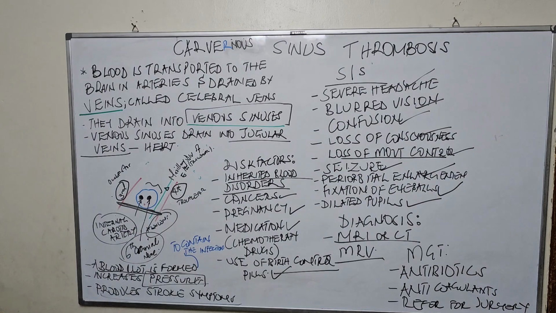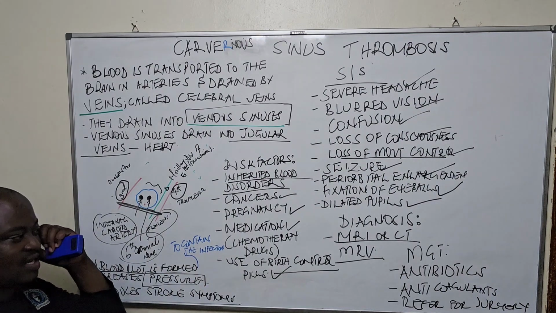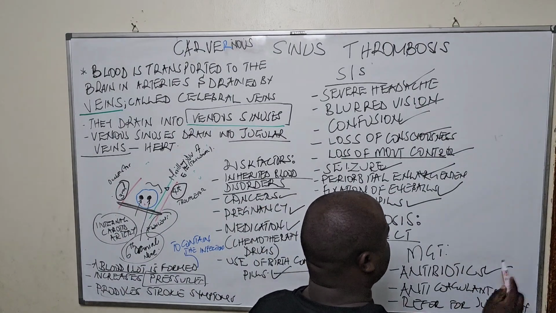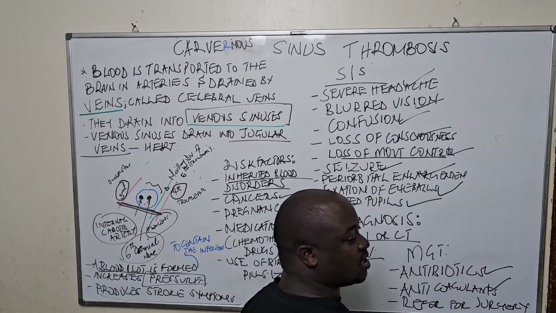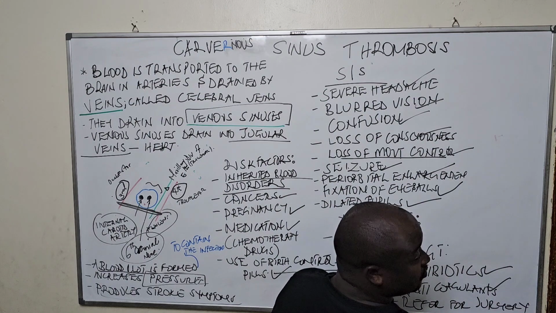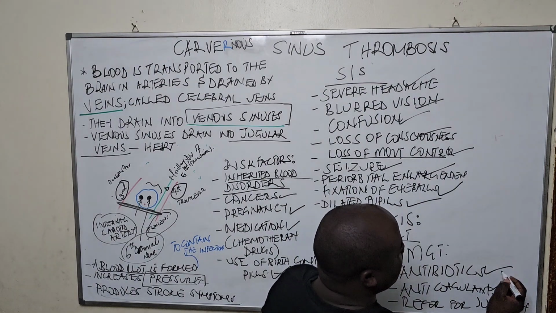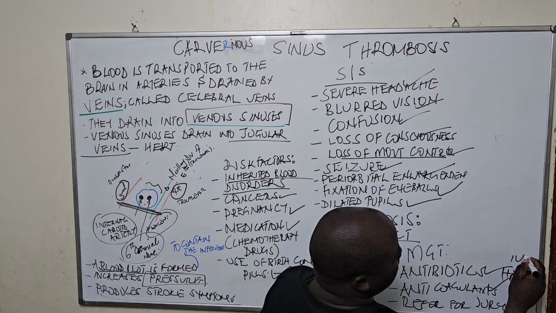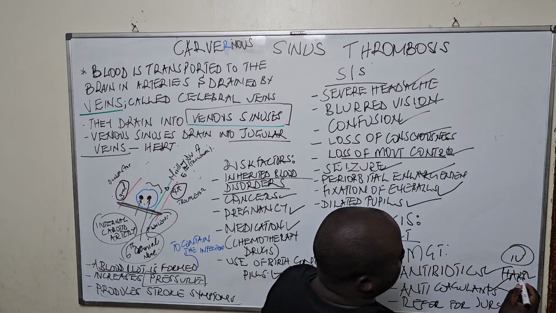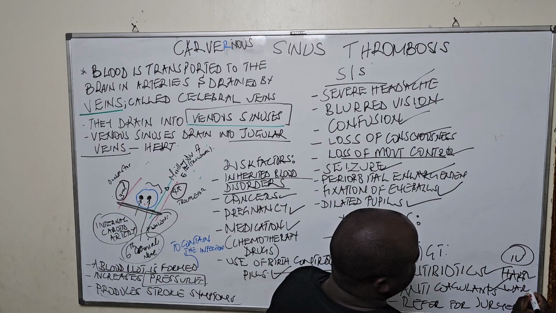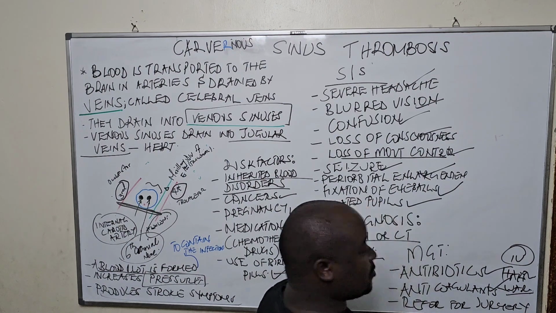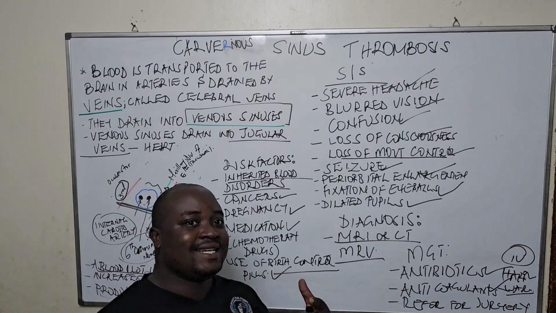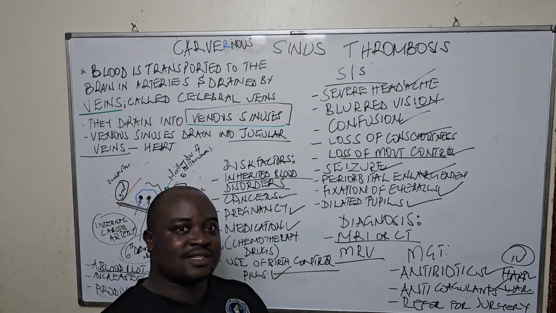So majorly, when this is diagnosed, we can give antibiotics and anticoagulants. Usually we give, depending on the condition, IV heparin, then also warfarin. Depending on the situation, it can take so long, something like 6 months.